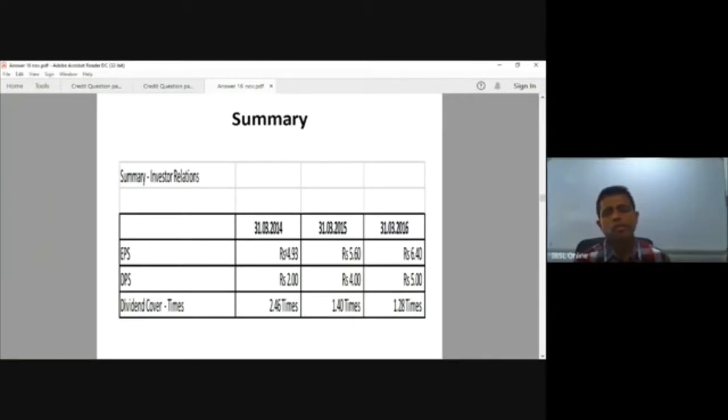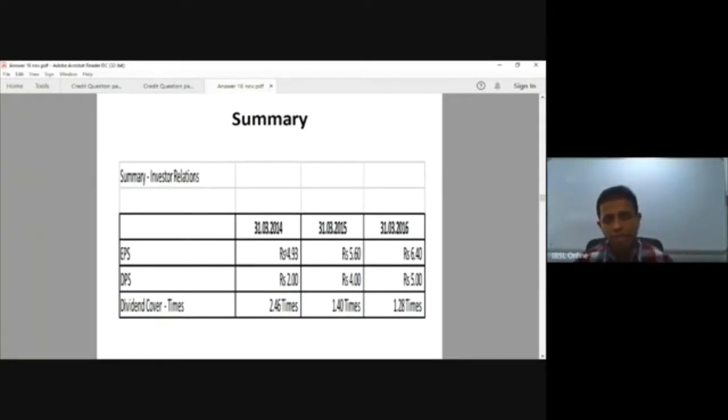They had given only 2 rupees per share. Now they have given 5 rupees per share. Right? Now, if you are increasing the dividend per share, the shareholders in the next year also would like to have the same dividend per share. Otherwise, they also will get disappointed.